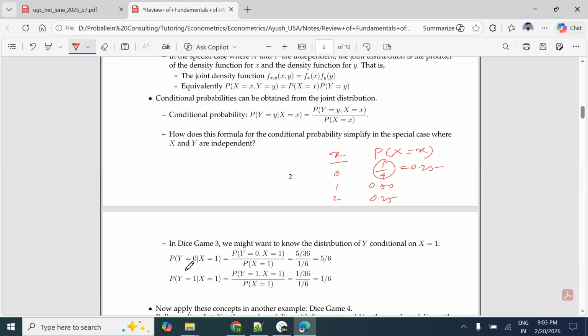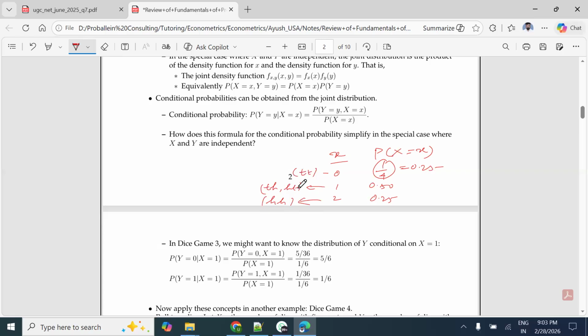First of all, you write TT, this is TH and HT, and this is only HH. This will definitely be 0 because we are counting the number of heads as success.